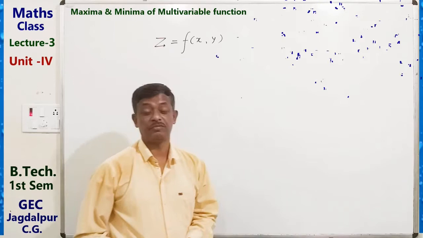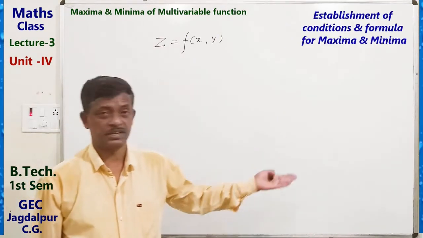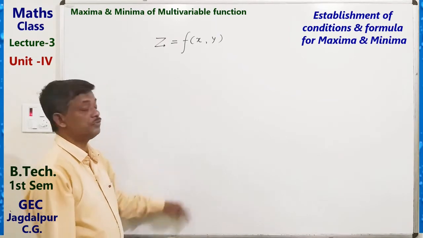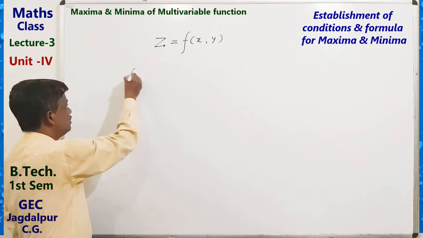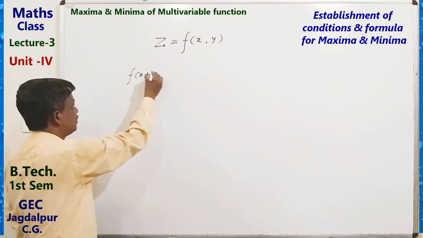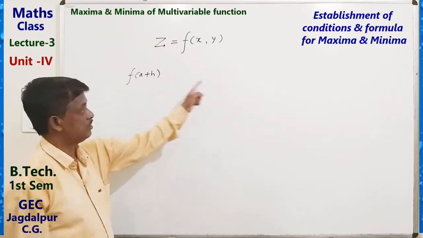Taylor's theorem of a function of two variables, just like Taylor's theorem for a function of a single variable. Here, for a function of two variables, Taylor's theorem is, just as we write it for a single-variable function.